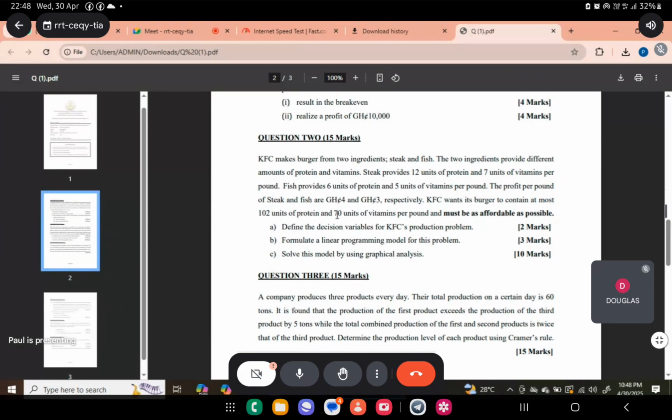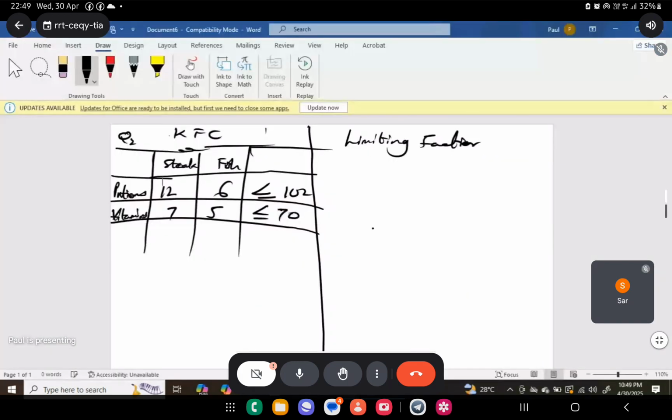And he says 70 units of vitamins per pound. So he says KFC wants its burger to contain at most 102 units of proteins and 70 units of vitamins. Sorry, 102, not 112.